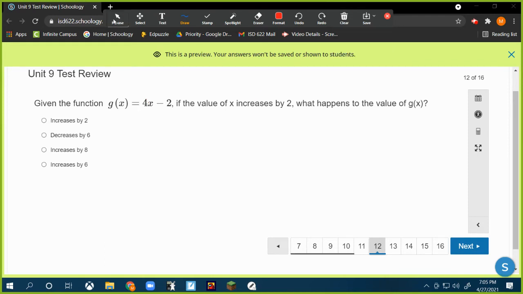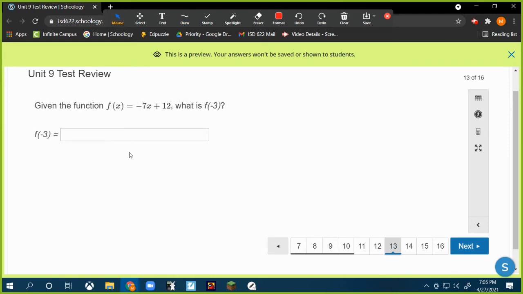Number 13, given the function f of x equals negative 7x plus 12, what is f of negative 3? Since it's replacing that x, we replace the x in the equation. Negative 7 times negative 3 is positive 21. Positive 21 plus 12 is 33.